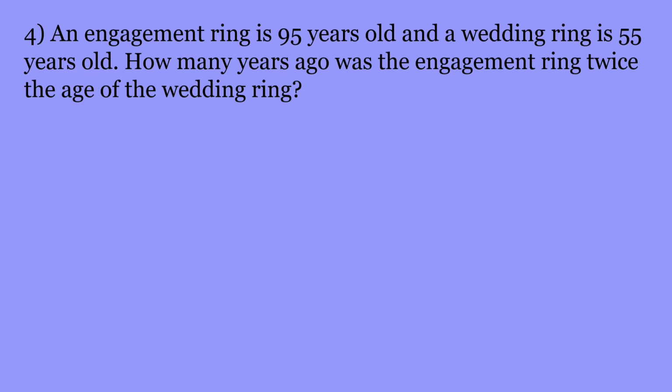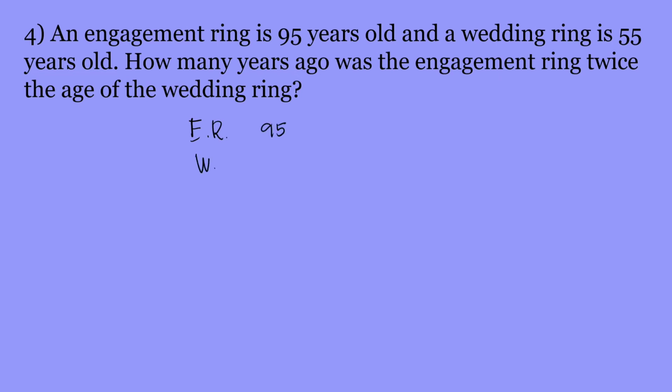Alright, number 4. An engagement ring is 95 years old and a wedding ring is 55 years old. How many years ago was the engagement ring twice the age of the wedding ring? So we can see here two ages being given already. The engagement ring is 95 years old.